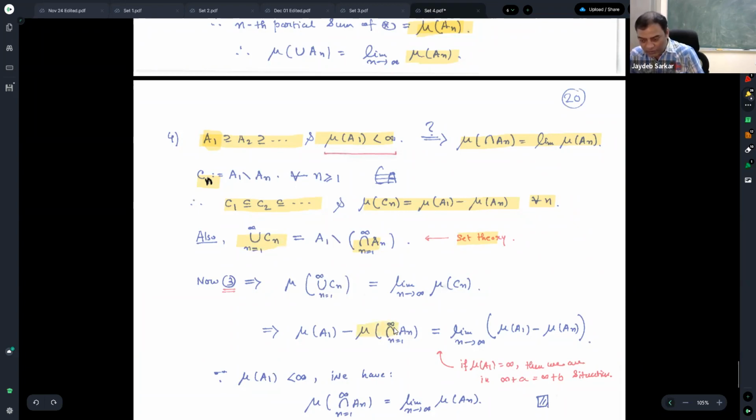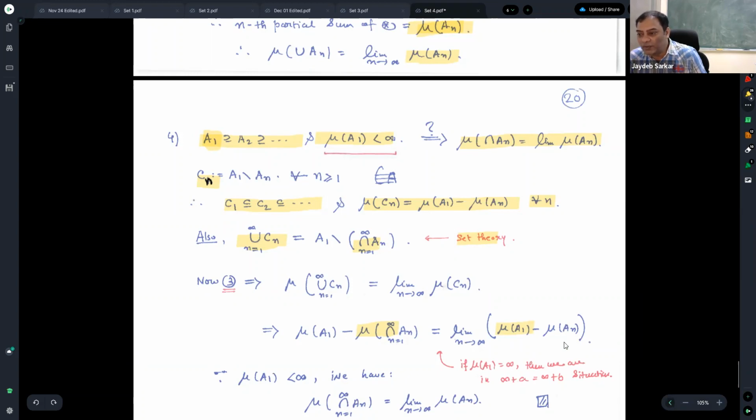That's your interest, by the way. And the right hand side is the limit of the measure of Cn. What is the measure of Cn? It is the measure of A1 minus the measure of An. The measure of A1 is independent of n, so the limit goes inside.